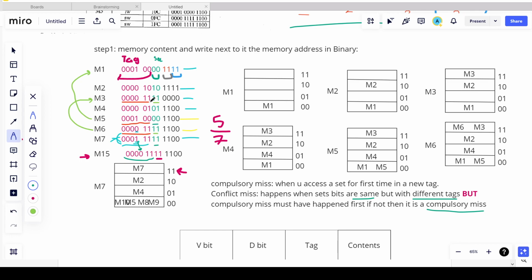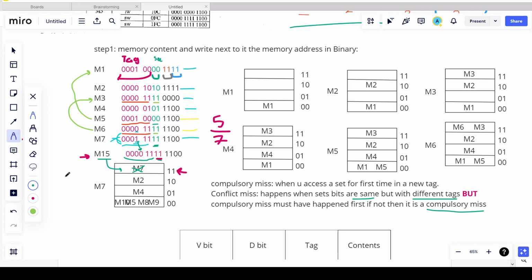So it's not a compulsory miss. It's a conflict miss because the tags are different, but they have the same set number or same set bits. So now we're going to delete M7, take M15 and put it inside this set.